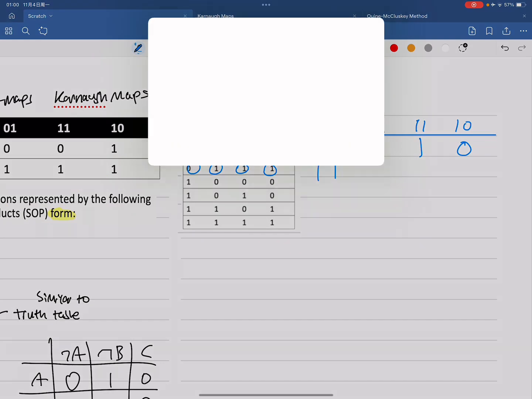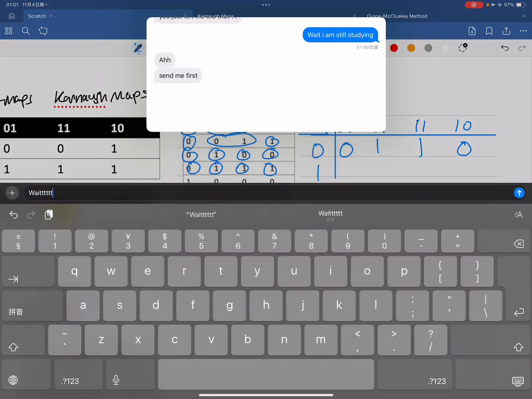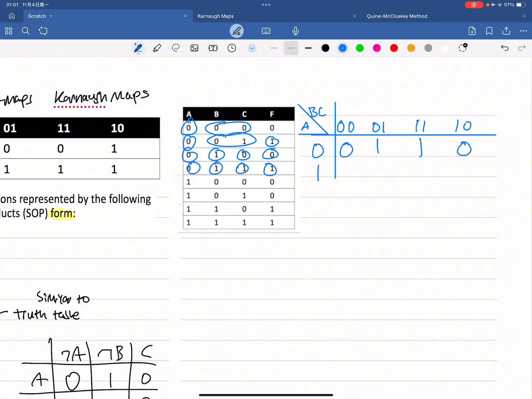And now we have 1, 0, 0 is 0. 1, 0, 1 is 0. 1, 1, 0 is 1. 1, 1, 1 is 1. So we have this as a result.